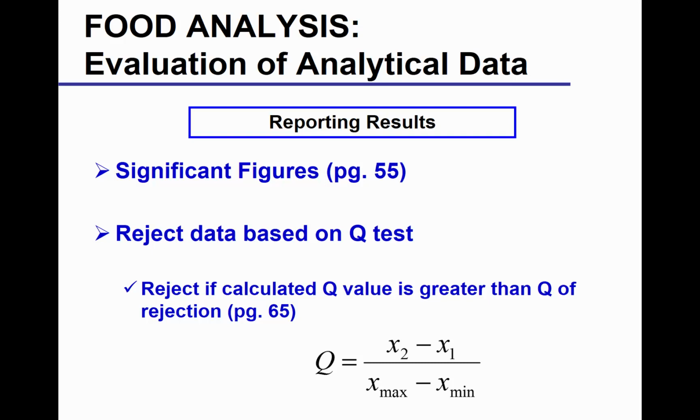Now how do we determine how many significant figures we have when we have a mathematical equation? So let's say you're adding 2 values and trying to get an average number.